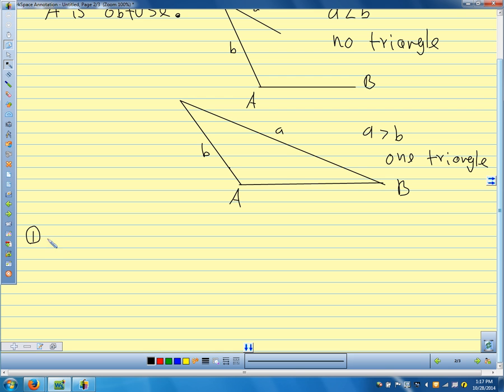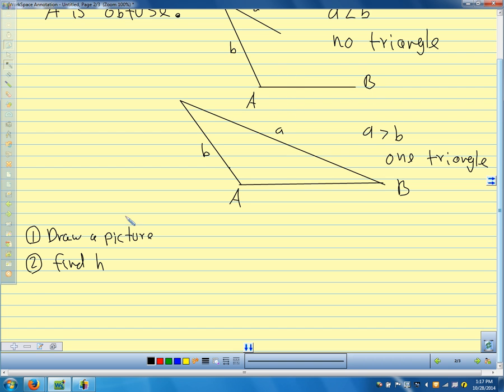You want to draw a picture. So if we have a side-side, always draw a picture. We always want to calculate our height. And for obtuse angles, we don't have to worry about it.